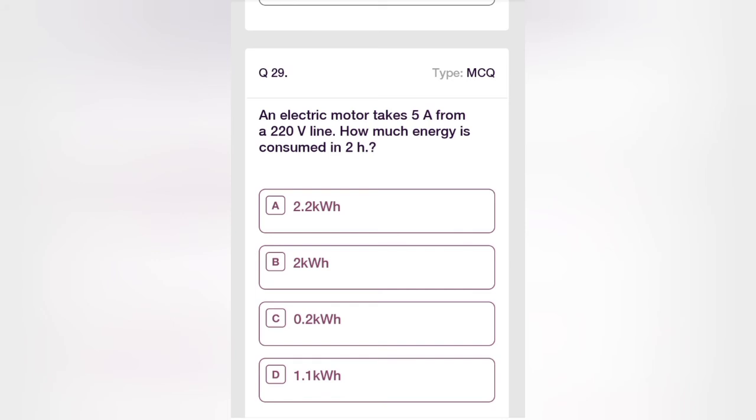Next question. An electric motor takes 5 amps from a 220 volt line. How much energy is consumed in 2 hours? So we need to find energy. Energy is equal to V into I into T, because here current, voltage and time are specified.